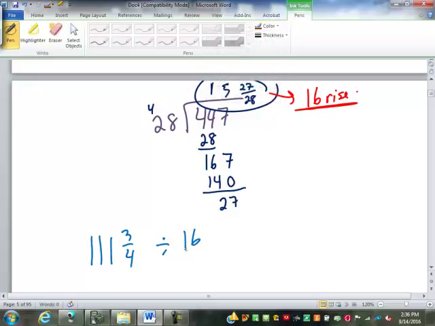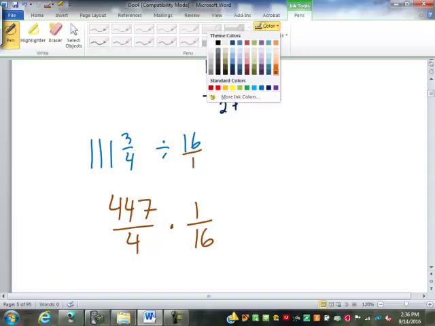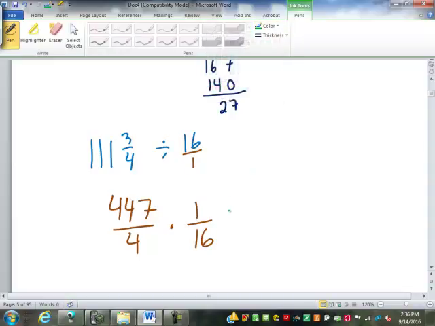Well, this is going to be very similar to our dividing by 7. This is still going to be 447 over 4. We're going to change dividing by 16 over 1 to times 1 over 16. 447 times 1 is 447. 4 times 16 is 64.